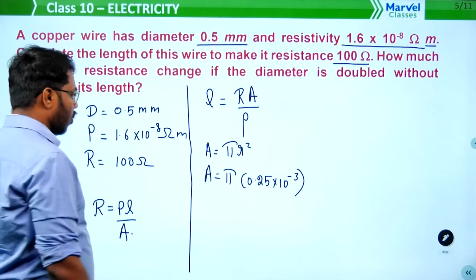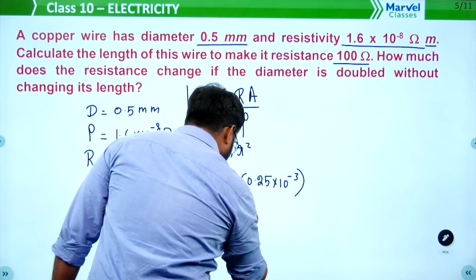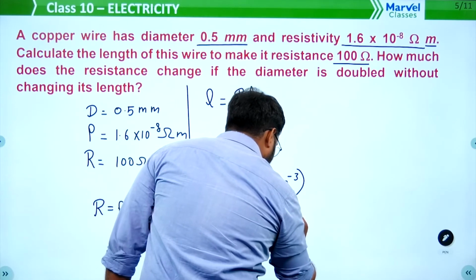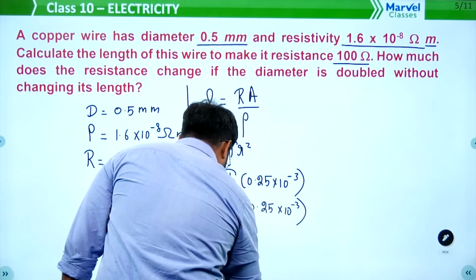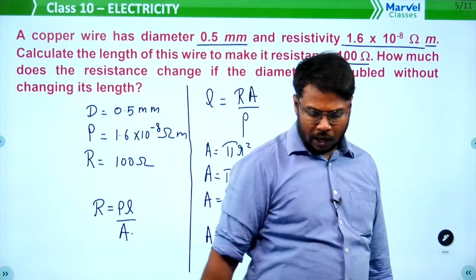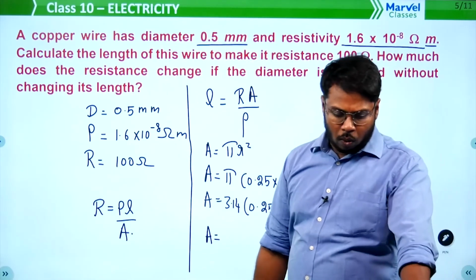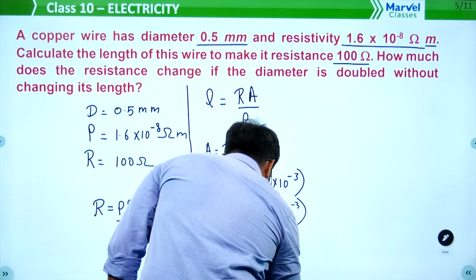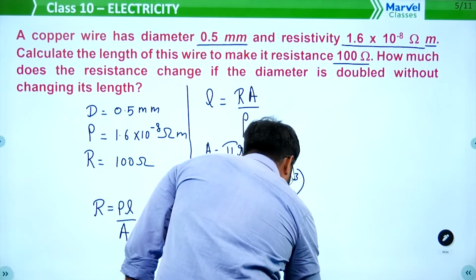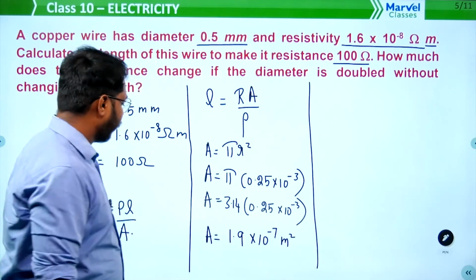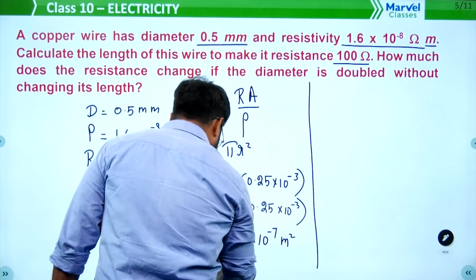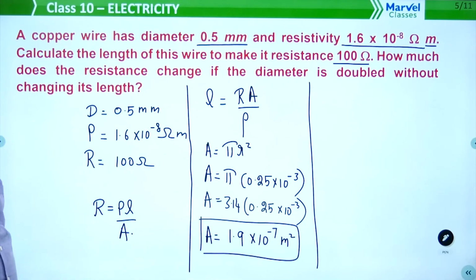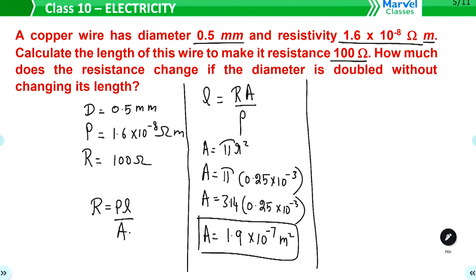So 3.14 into 0.25 into 10 power minus 3 into 10 power minus 3. The area A of this is 1.9 into 10 power minus 7 meter squared. This is the cross section area of a conductor.